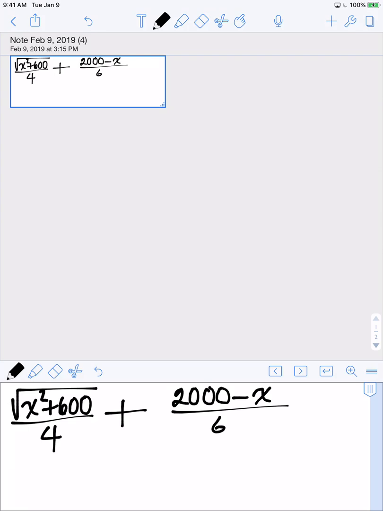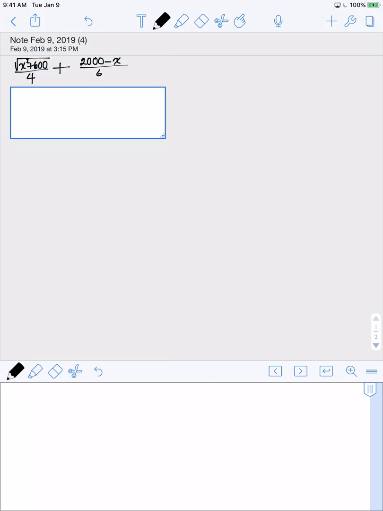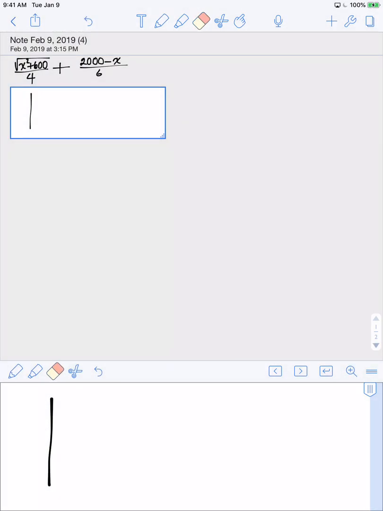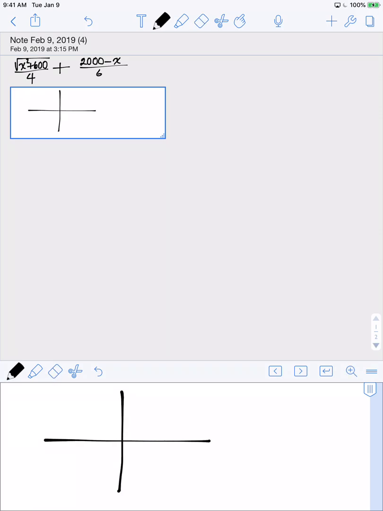Okay. We can do the quotient rule for the first one. So the numerator is x squared plus 600 to the 1/2 power, and the denominator is 4.